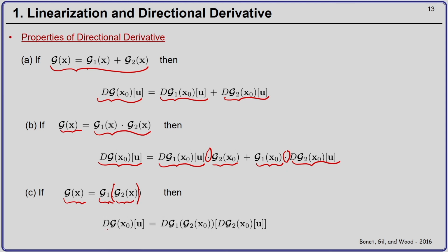Then the directional derivative of g at x 0 in the direction u will be nothing but the directional derivative of g 1 at g 2 evaluated at x 0, in the direction of the directional derivative of g 2 evaluated at x 0 in the direction u.